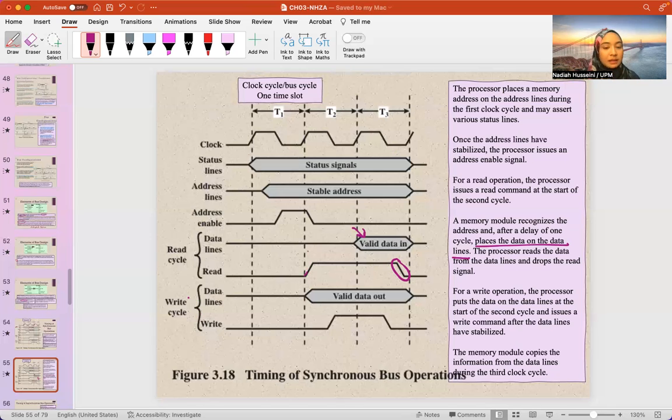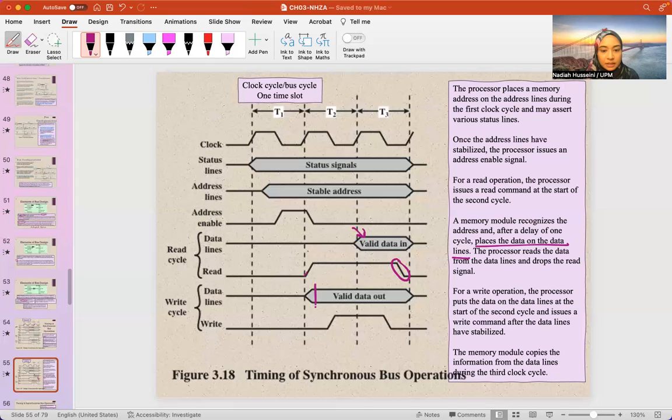And then we have the write cycle. First, you can see that the data is put into the data line first. This is the opposite case of the read. For the read, we issue the read signal first. For the write, we put the data into the data line first. The processor puts the data on the data line at the start of the second cycle and issues a write command after the data lines have stabilized.